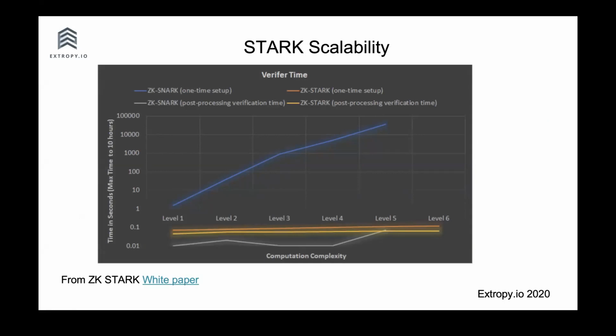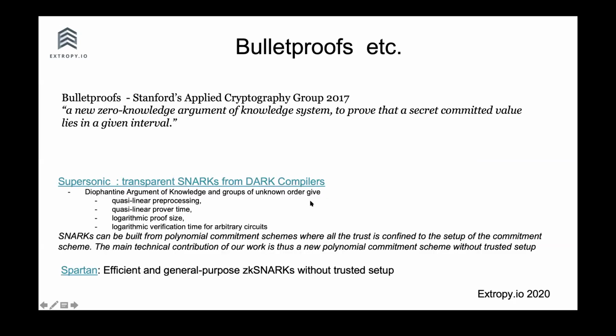So STARKs are thought to scale better from that point of view. Another type of zero knowledge proof, another alternative, is bulletproofs. Often they're more about proving that something is in a given interval rather than being a more general proof of knowledge of a witness. And people have built systems around those, so there are some links there to those.